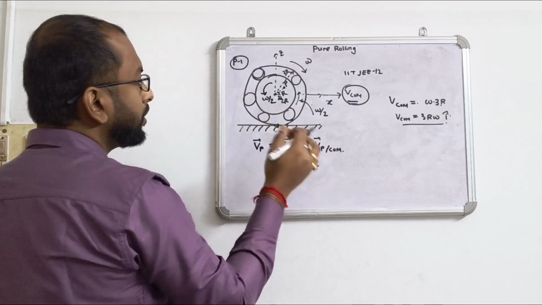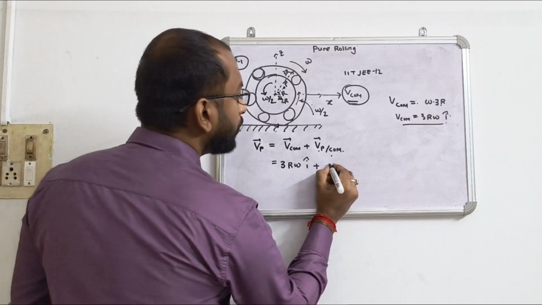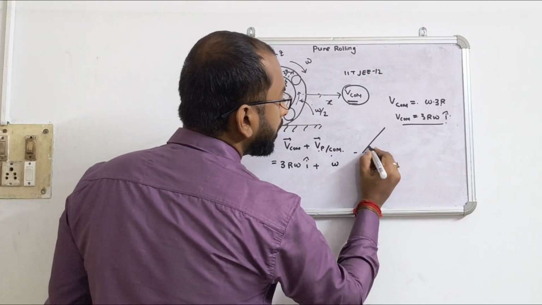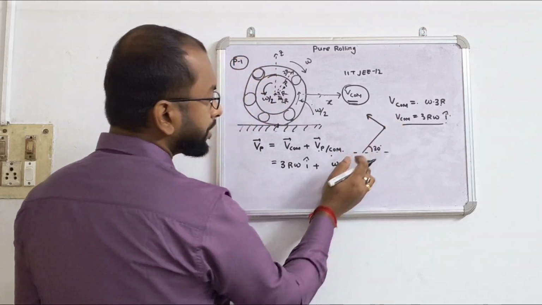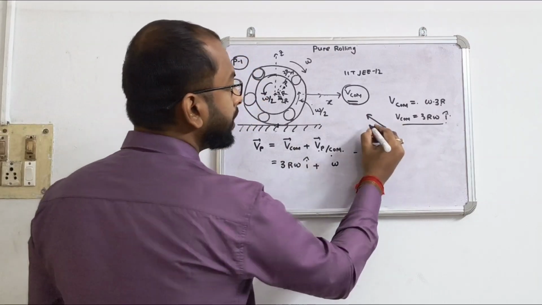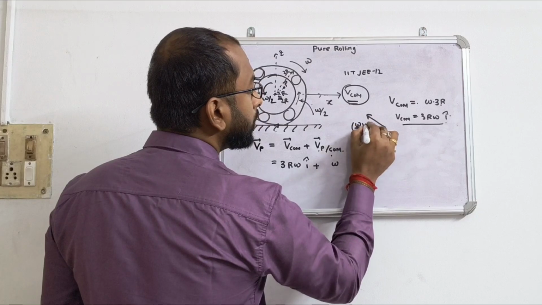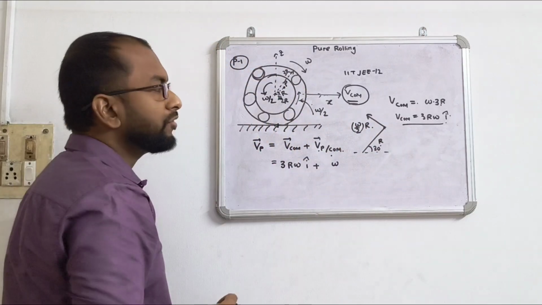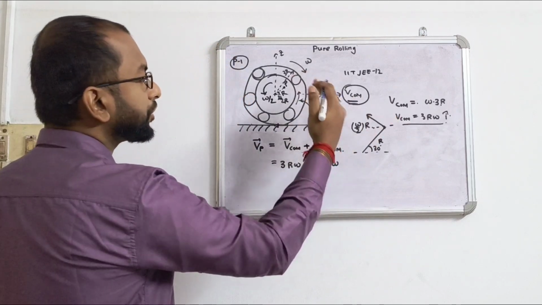If I draw it here, with 30 degree as the angle, this point has velocity omega by 2 into r, and the velocity of point P will be in this direction.